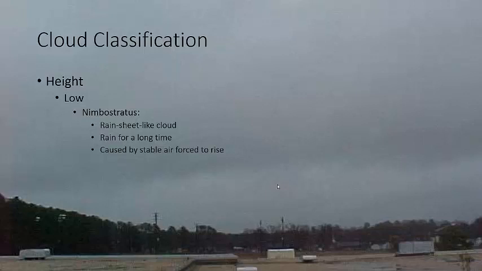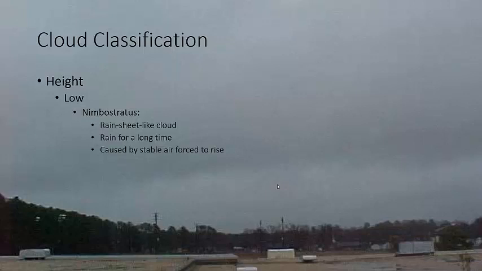Nimbostratus. Ugh. Okay, so if you hear the word nimbo, I don't know if it's officially defined like this, but basically it means bad weather cloud. So nimbostratus, bad weather layer cloud. Oh goodness, I hate nimbostratus clouds. As you can see, it looks so bright and sunny. Not at all. It's gray.